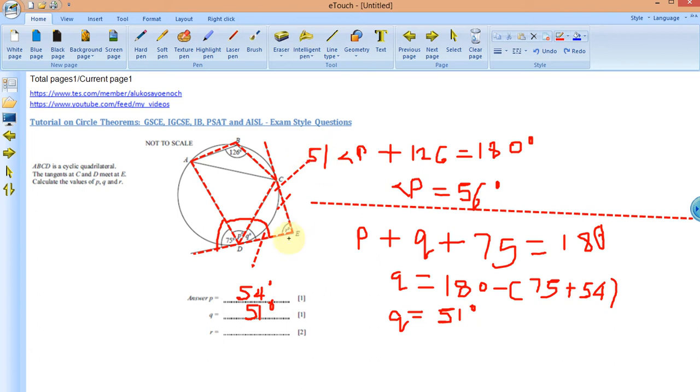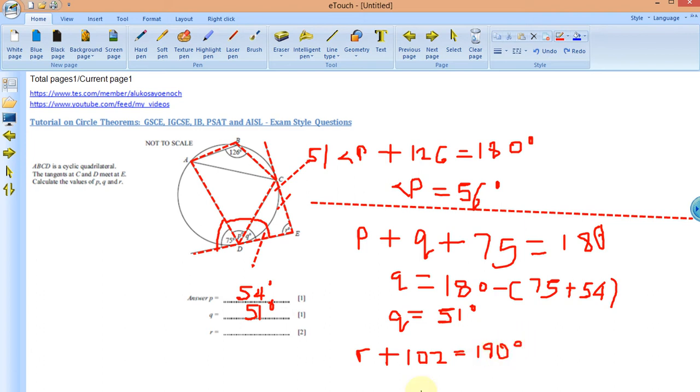So I can use angle sum in a triangle. In triangle DEC, the angle sum is 180. So R plus 51 plus 51, that is 51 times 2, and that is 102. So R plus 102 should sum up to 180, and the reason is angle sum in a triangle.